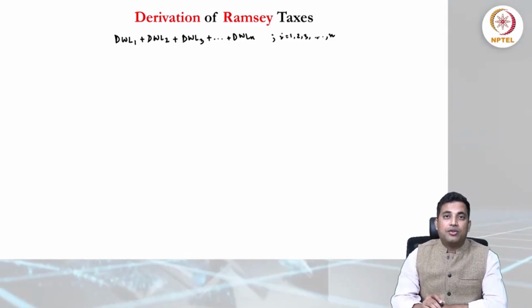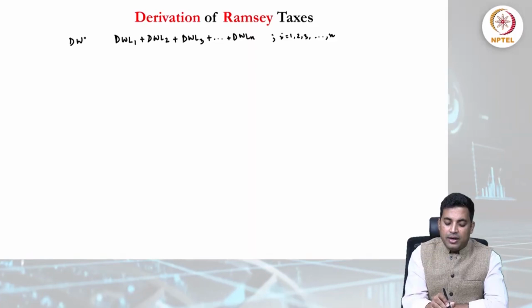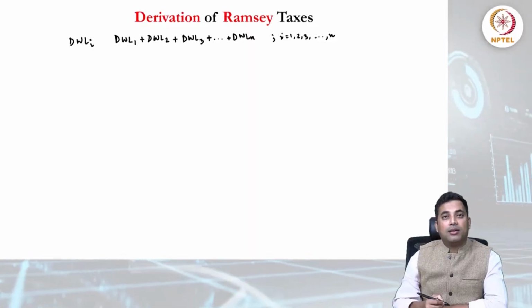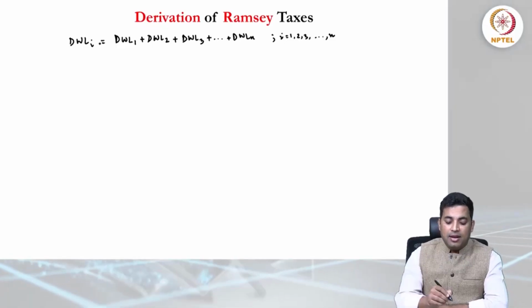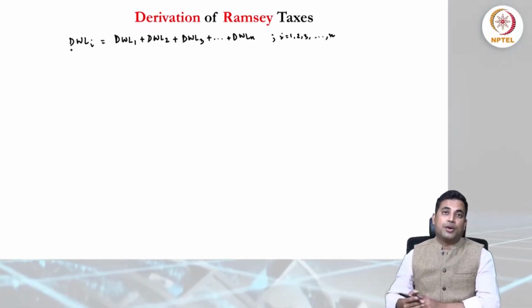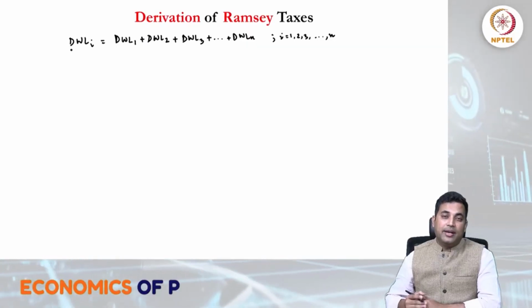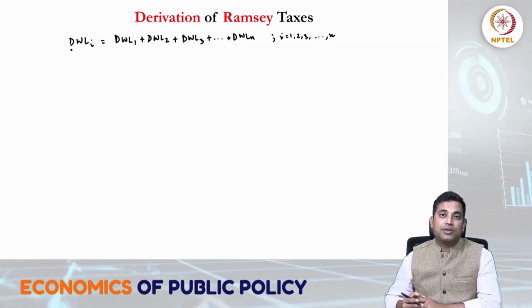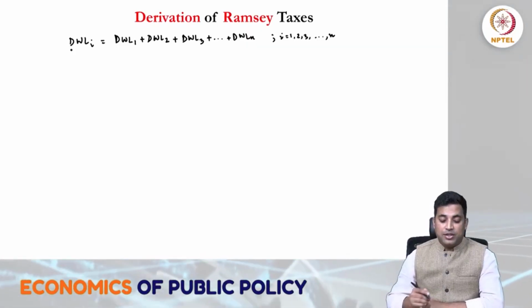Here we can say that the total deadweight loss depends on the individuals and can be written like this. DWL is the total deadweight loss for the society, coming from n members of the population.